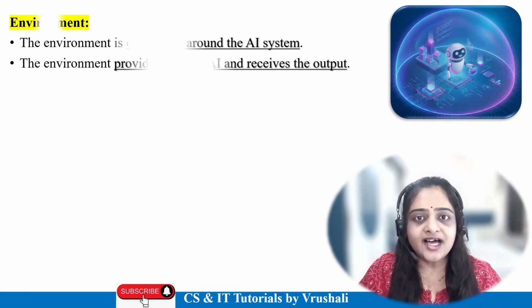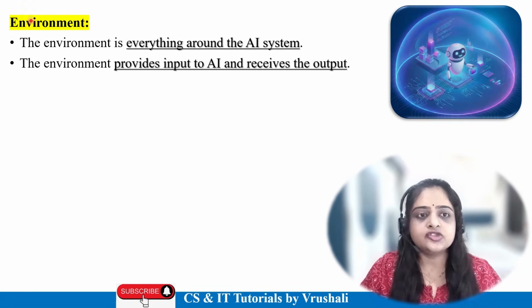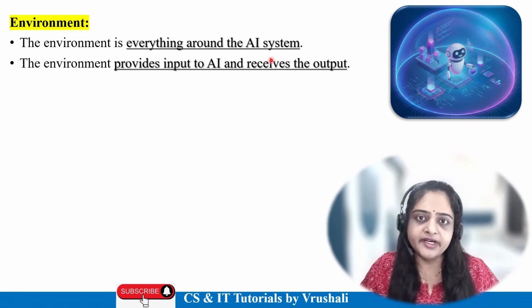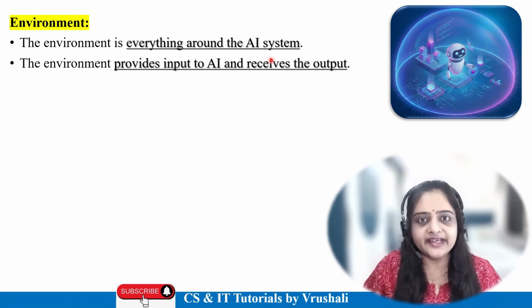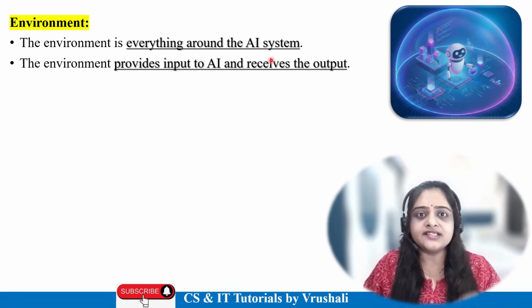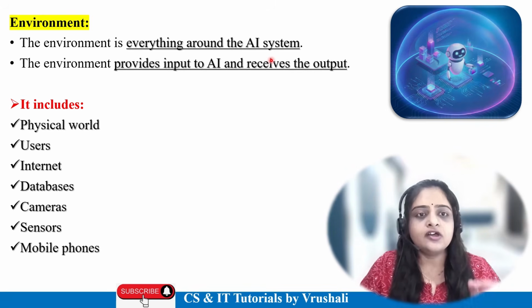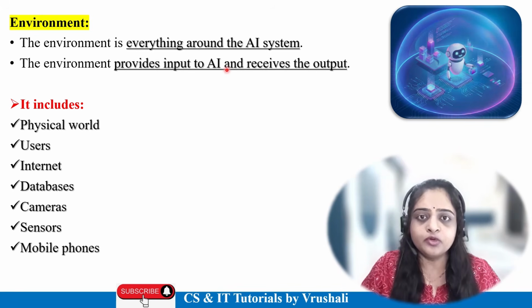Now, the last one is the environment. So environment means everything around the AI system. For example, for a self-driving car, the environment is the road. Suppose ChatGPT, its environment is the internet. So environment basically means where the AI system actually works. This environment provides the input to the AI and receives the output.